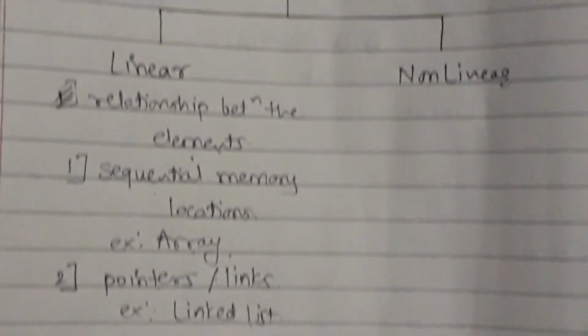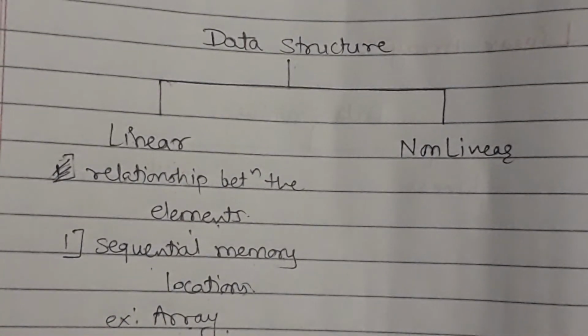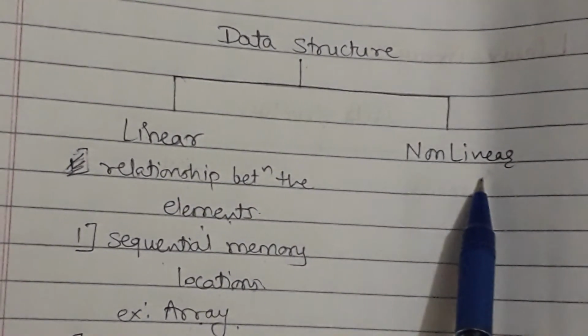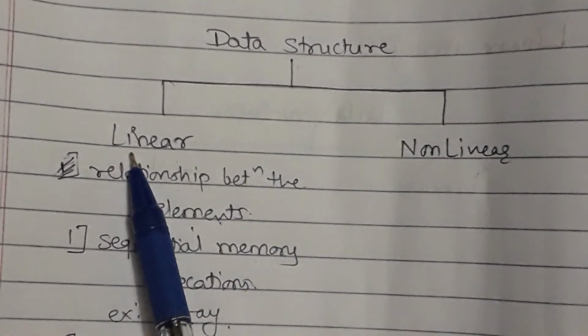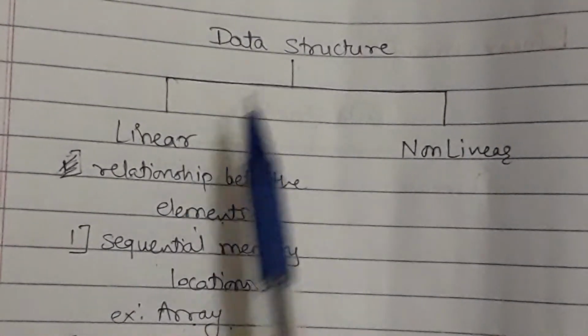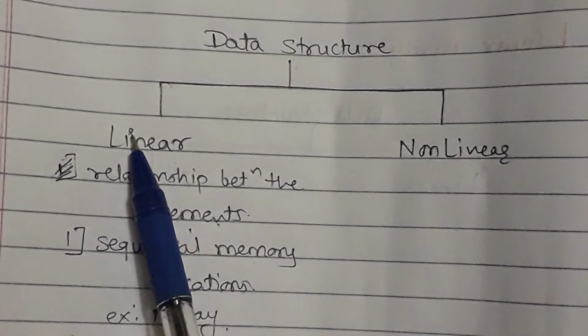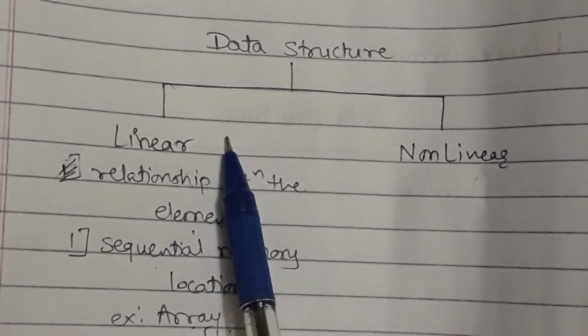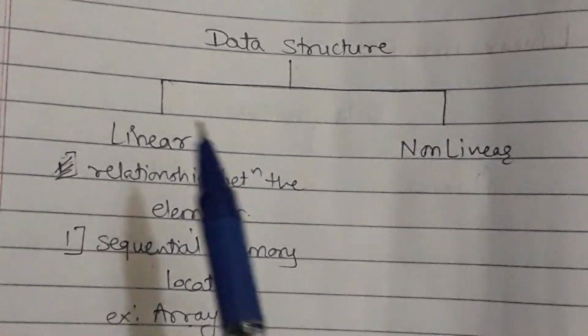Initially we have seen that data structures are classified into two parts: linear data structures and non-linear data structures. A data structure is said to be linear if its elements form a sequence, or a linear list.